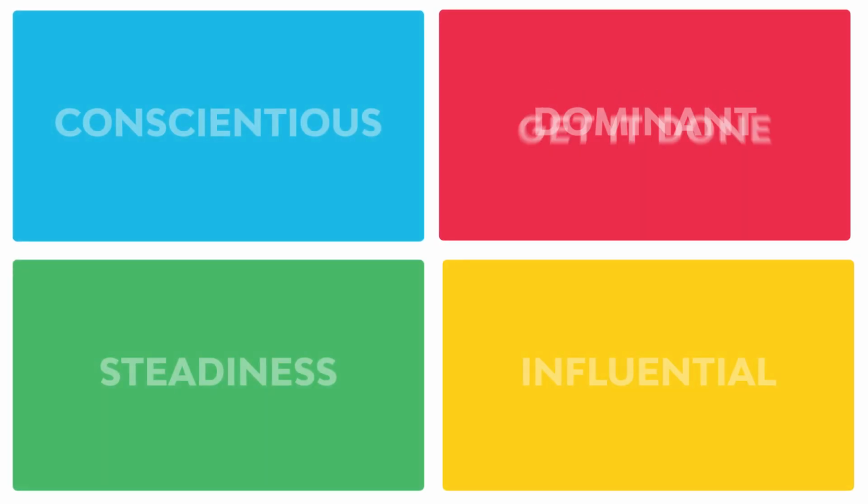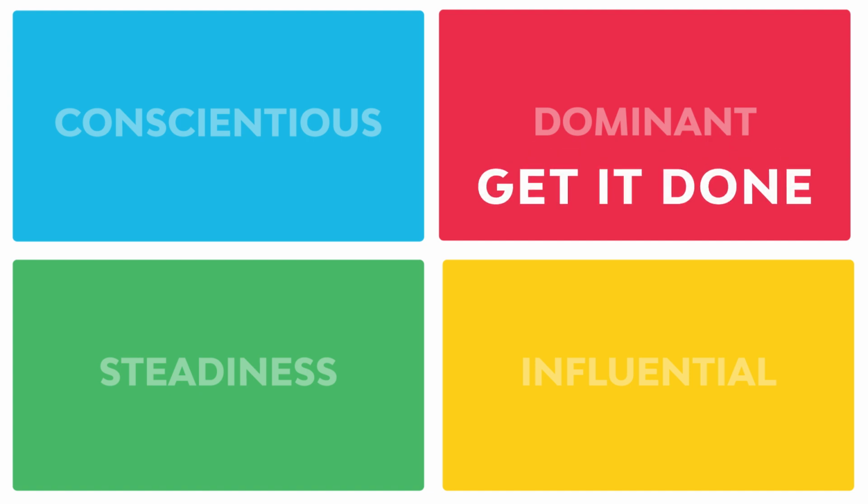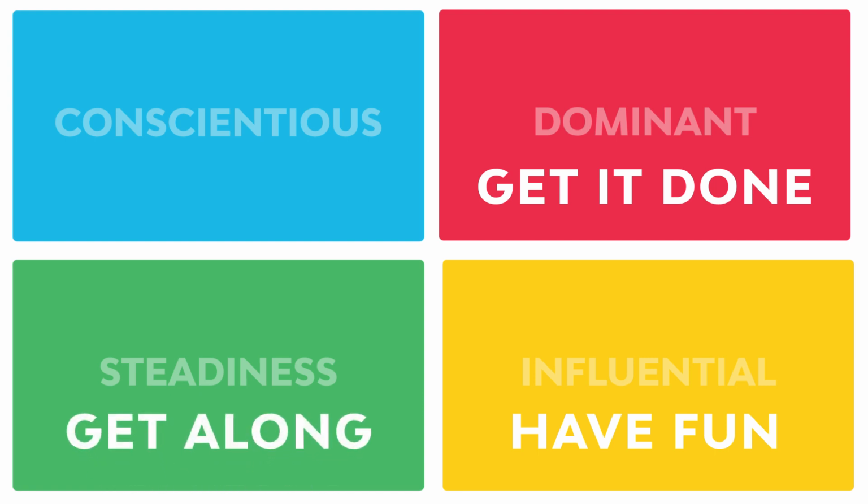Their intent is to get it done. Influential. They want to have fun and socialize. Steadiness. They want to get along. Conscientious. They want to get it right. Now, the goal of this is to recognize the buyer's intent so you can match it with your communication style.